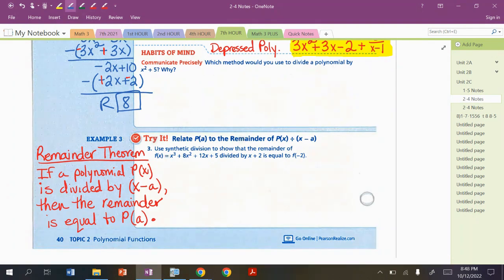It is saying that we're going to take this function, and it's two things. We can solve by using substitution, and let's put in -2 into our function. So I'm going to substitute -2 wherever I see x.